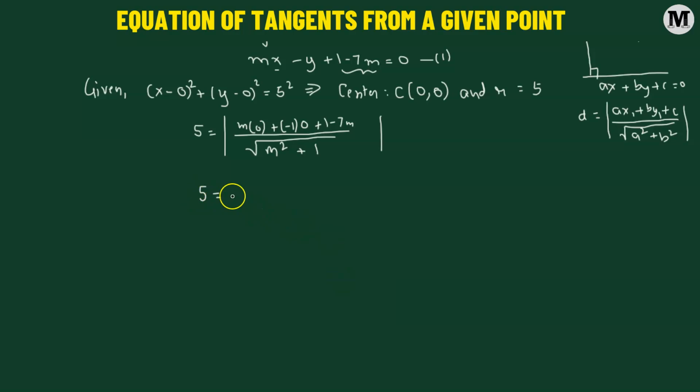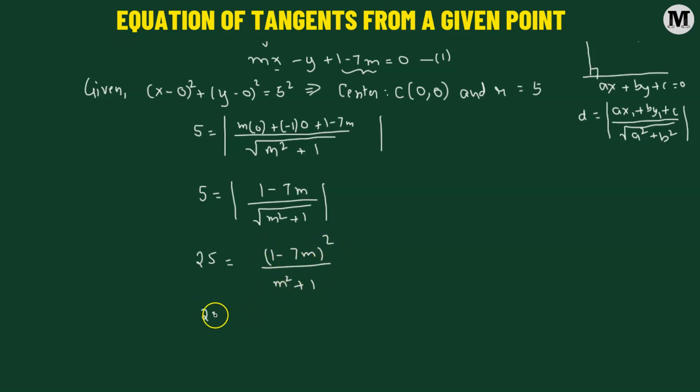So 5 equals the absolute value of 1 minus 7m divided by the square root of m squared plus 1. Let's square both sides. So we have 25 equals (1 minus 7m) whole squared divided by m squared plus 1.